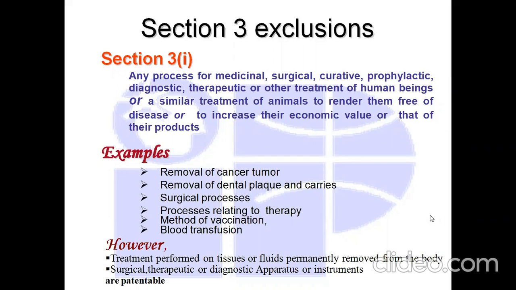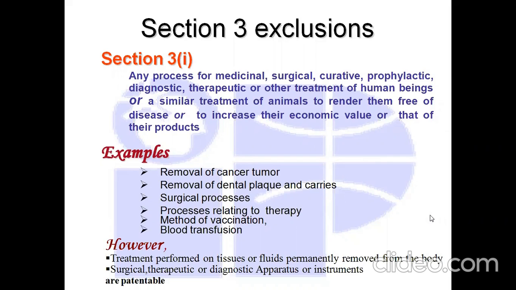However, the treatment performed on tissue, tissue culture, you have heard about tissue culture of plants and also of human beings, or fluids permanently removed from the body, these would be patentable.